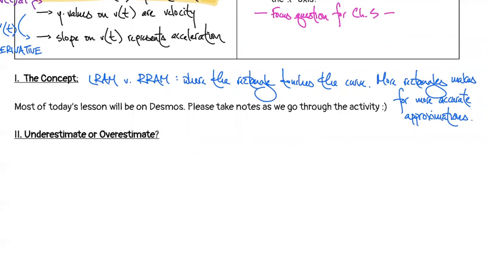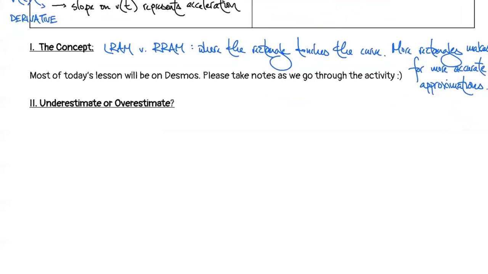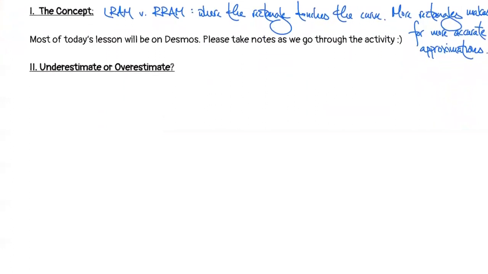But we also talked a little bit about when something might be an overestimate versus an underestimate. I'm not sure how explicit that was in the activity, so I want to take a moment and think about how we know if something is an underestimate or an overestimate. Let's start with a picture.